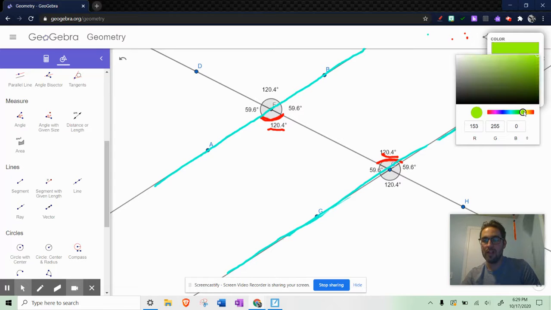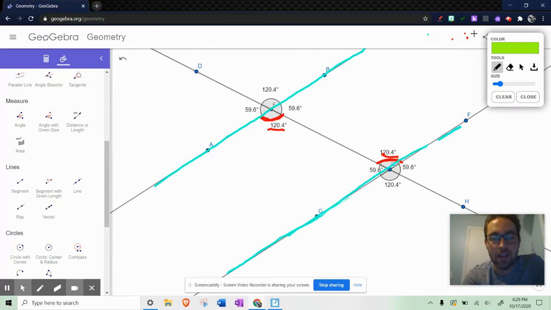If we wanted to look at a different set of alternate interior angles, we could look at this angle here, that 59.6 degrees, and the alternate interior angle, so it's inside the two parallel lines, and it's on the alternate side of the transversal. Well, that is also 59.6. So alternate interior angles have the same measure.